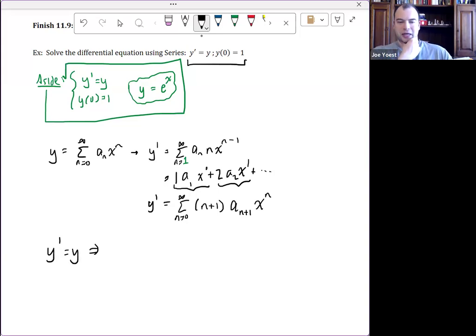So y prime equals y, what does that tell me? Well, that tells me that the sum n equals 0 to infinity of an x to the n equals the sum n equals 0 to infinity of n plus 1 times an plus 1 x to the n.